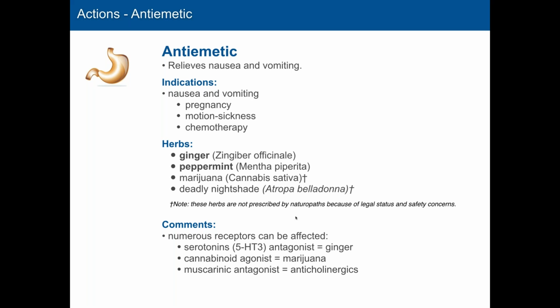Now, finally, deadly nightshade, which I'm not recommending you use, but it does have an antiemetic effect. It contains atropine, and there is an antiemetic drug called scopolamine, which is essentially the same as atropine, and it's a constituent in other members of the Solanaceae family that contain these anticholinergics, and it basically blocks the muscarinic receptors to relieve nausea and vomiting.